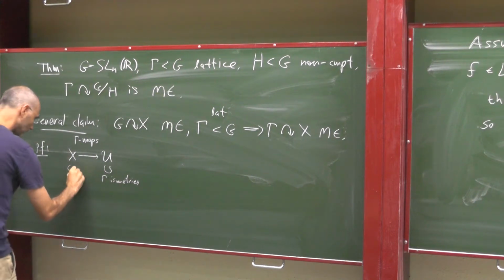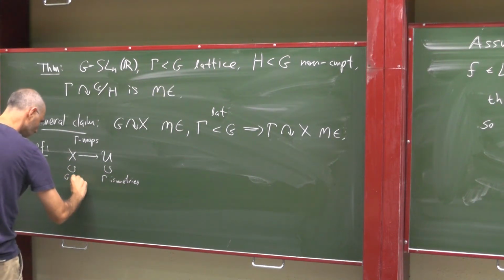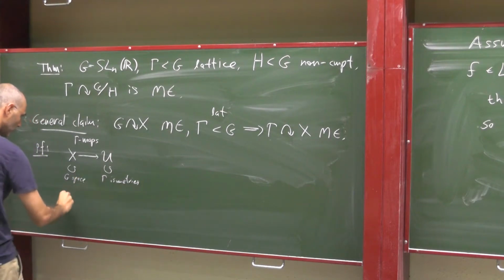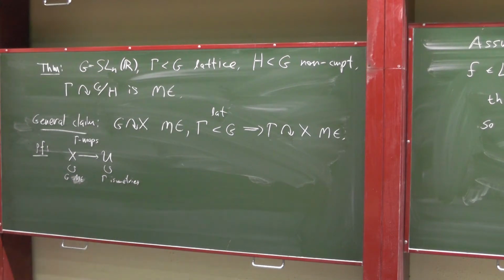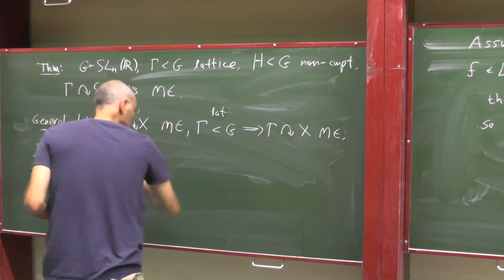And this is an actual G space, and I know that G acts metrically ergodically on that one. But unfortunately, there is no G structure here, and this map is only gamma-equivariant. But if you are familiar with induction in representation theory or its analogs in ergodic theory, this is what I'm supposed to do. This is the obvious thing I'm about to apply, and let me do it very explicitly here.